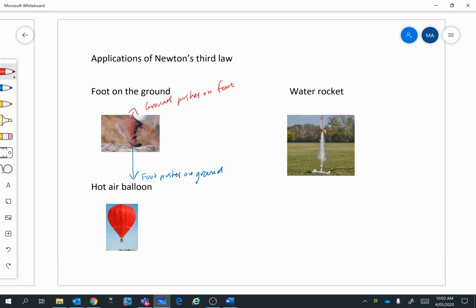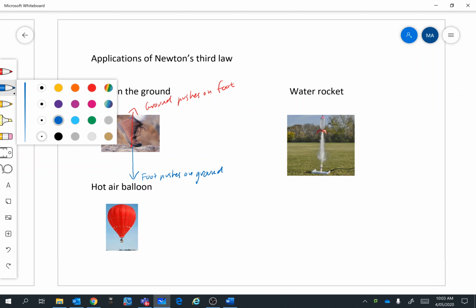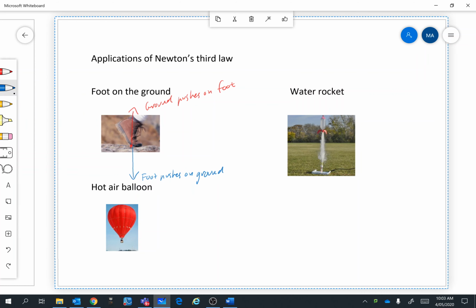Next example here, a water rocket. Now, with a water rocket, you may be familiar with the workings of these. You seal the rocket, so there's water sealed inside the rocket, and then you apply a pump, or just an air pump, which pumps air into the bottle with the water and creates an enormous amount of pressure, which eventually must be released.